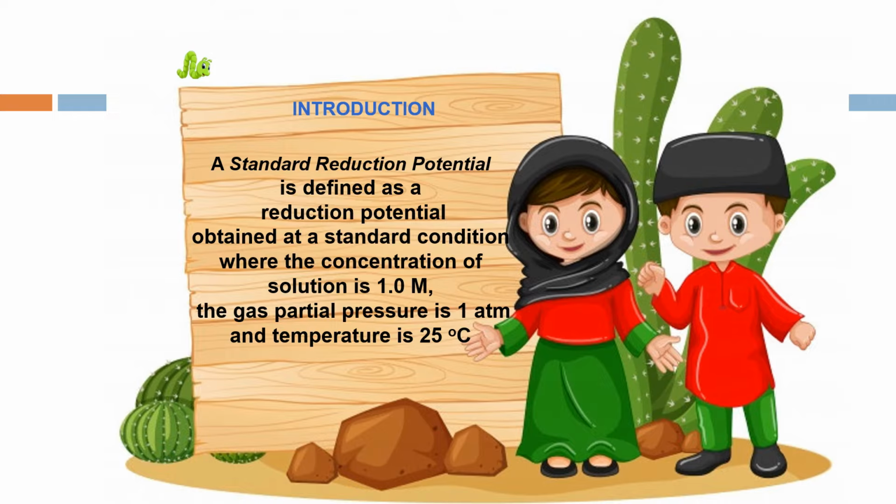A standard reduction potential is defined as a reduction potential obtained at a standard condition where the concentration of solution is 1.0 molar, the gas partial pressure is 1 atm, and temperature is 25 degrees.